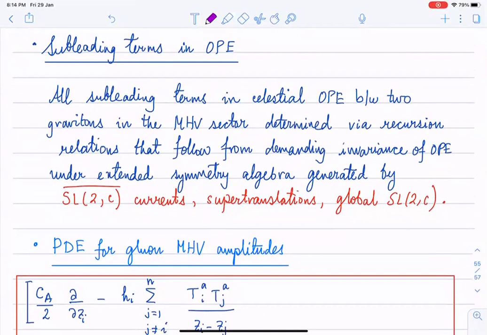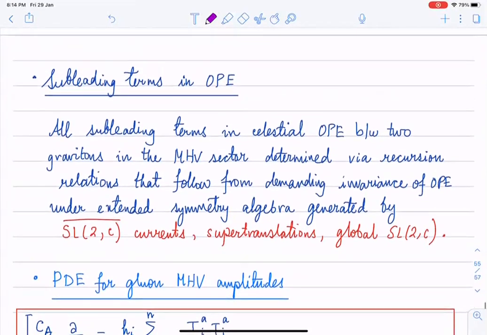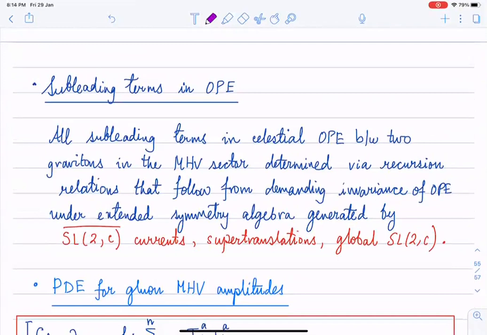In this case, the subleading OP coefficients basically mean the OP coefficients for descendants. And by solving these recursion relations, what you can show is that the OP coefficients for the descendants are all fixed in terms of the OP coefficient for the leading primary.